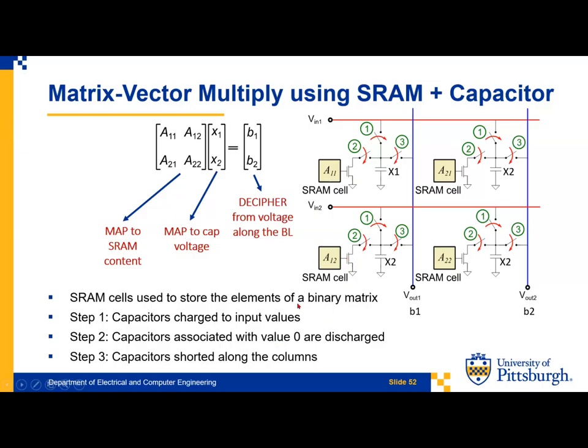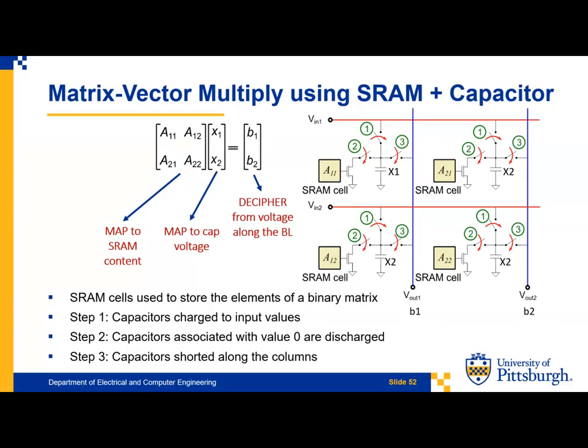So if the SRAM cell is zero, the MOS will be turned on, and the capacitor will connect to ground, and the charge will be drained to the ground. So you will lose the charge, right?